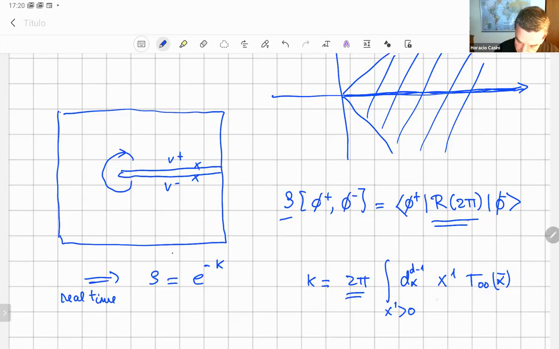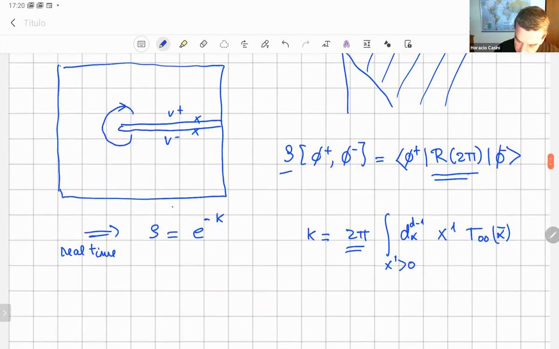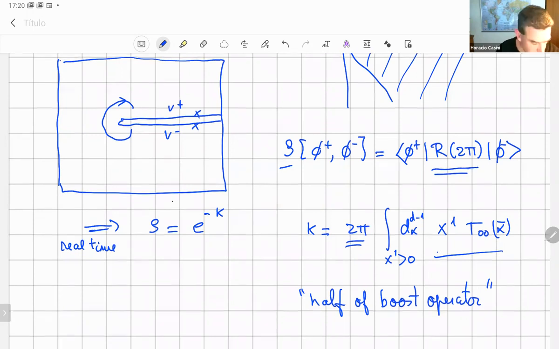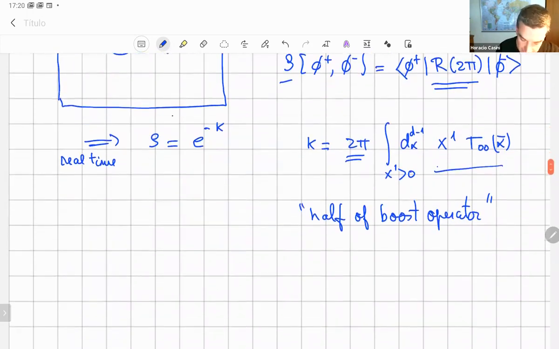So I'm here writing the boost operator as an integral of the Noether current, the corresponding Noether current. So this is half of the boost operator. And this gives us exactly the value of the modular Hamiltonian.